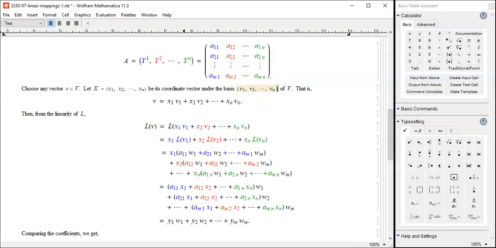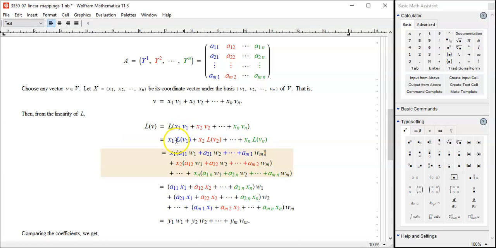So the existence of this linear combination comes from the generating, and the uniqueness is actually coming from the linear independence. In any case, we have the unique expression. Now what do we do? We simply put those into L of v and do some brute force computation. We can separate each linear combination: x1 L of V1 plus x2 L of V2, x3 L of V3, and so on, all the way up to xn L of Vn.